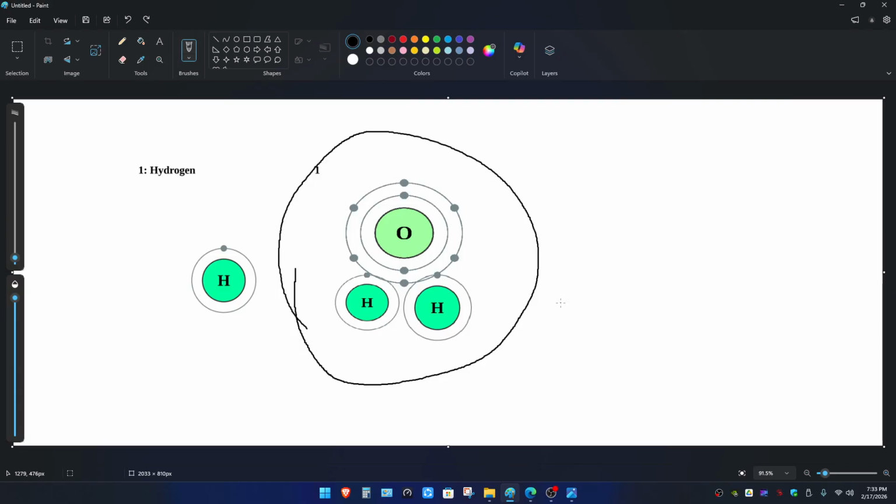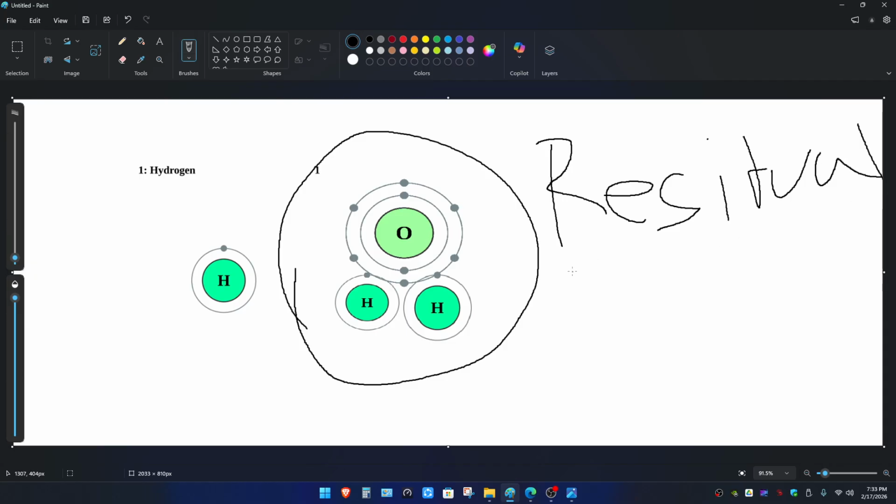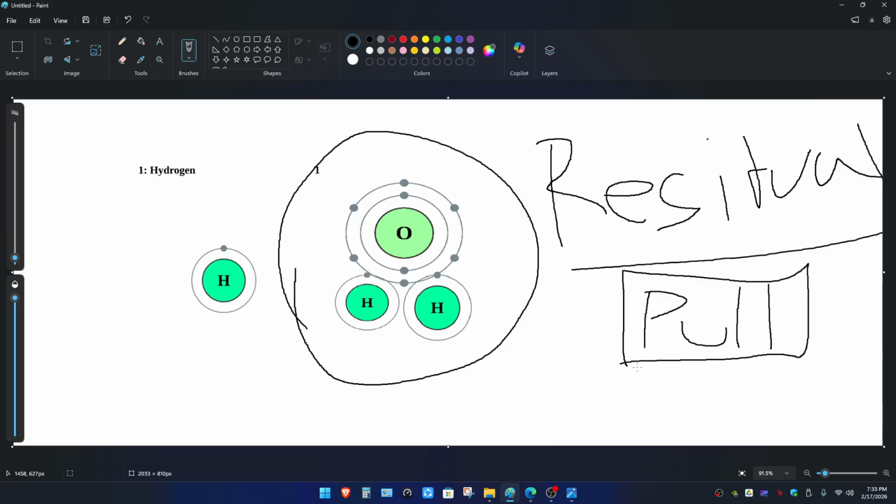After the magnetic effect of the water is done, the water will still produce a residual pull effect. And this is what dark matter is.